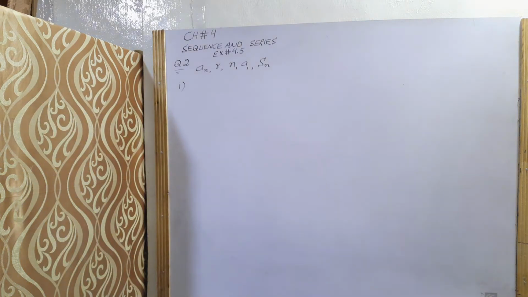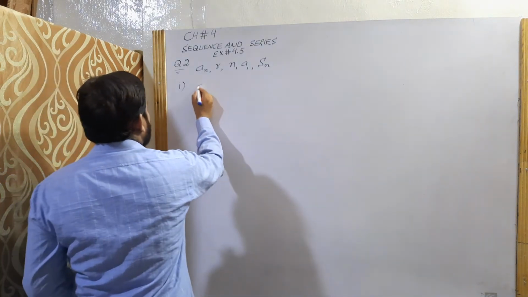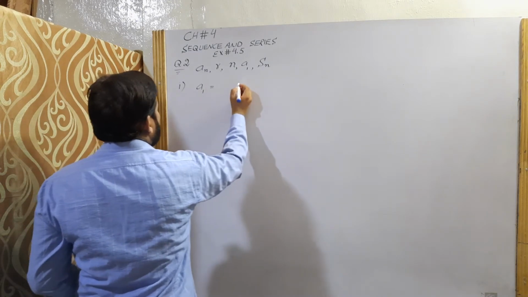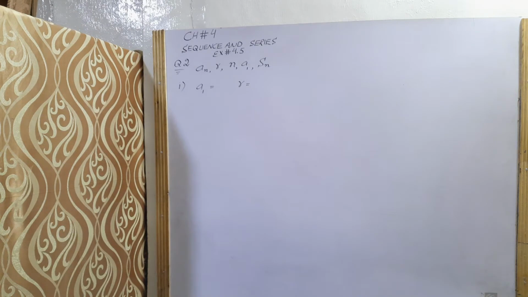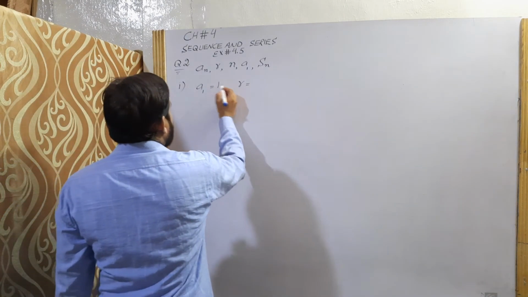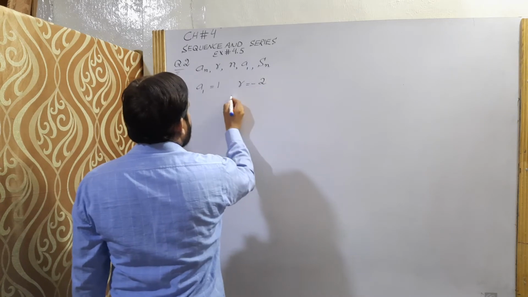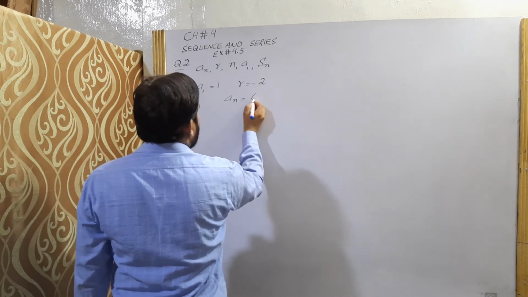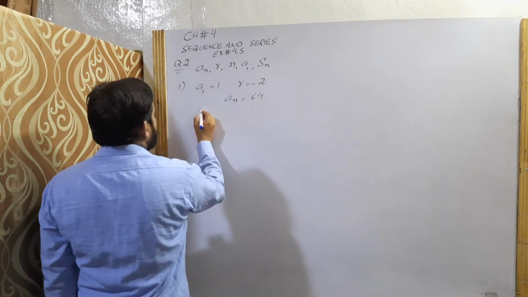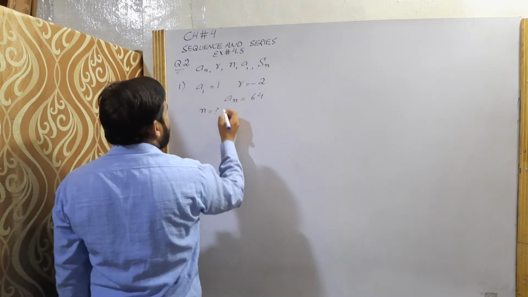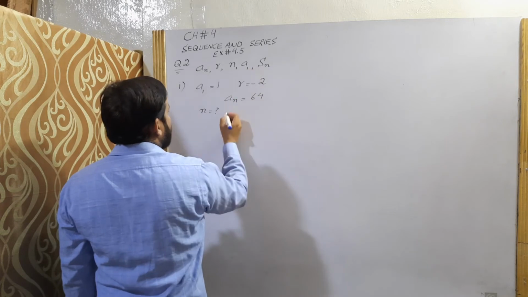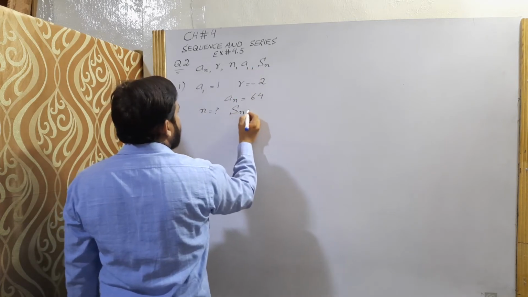The components which are given: A1 is given in this case, R is given in this case. A1 in this case is 1, R is minus 2, and the last term is given which is An, which is 64. In this case missing are n number of terms and summation Sn.